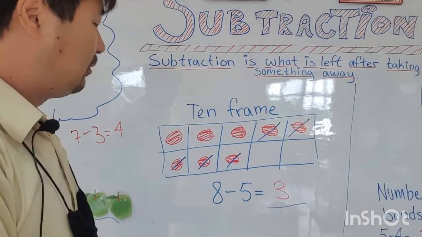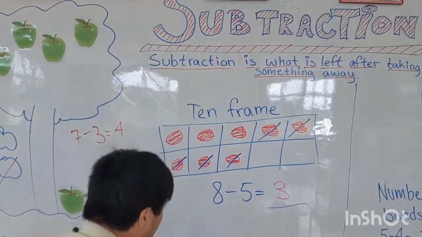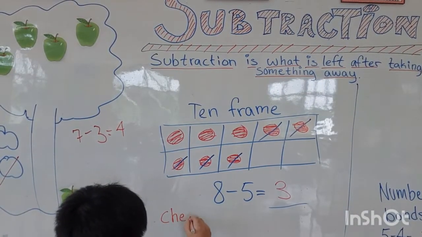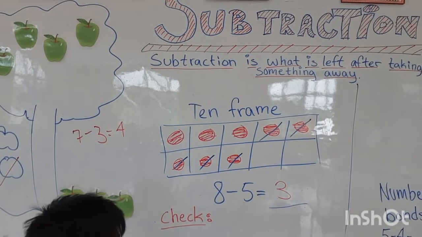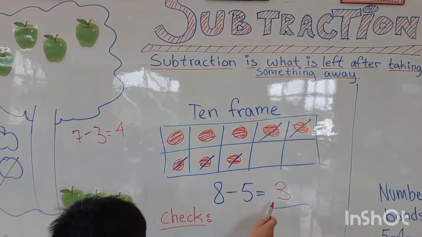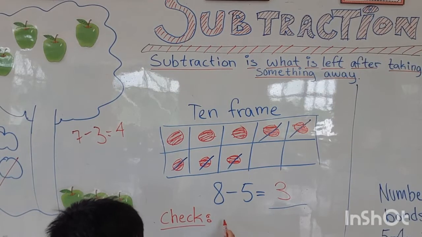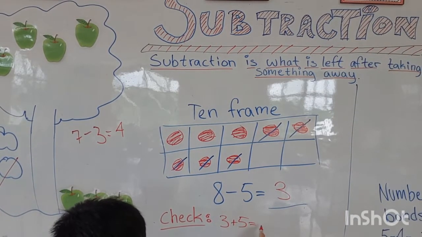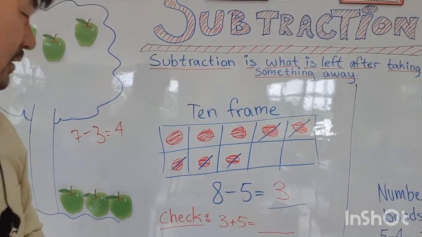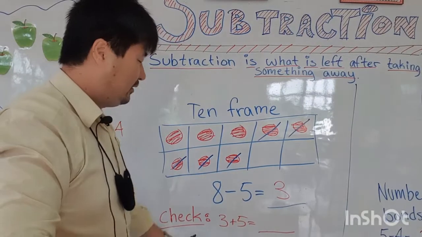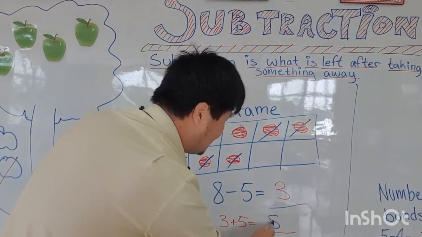And then you can double check. Check. How do you check? You take these two numbers equals that. So 3 plus 5 equals what? 3 plus 5 equals 8.